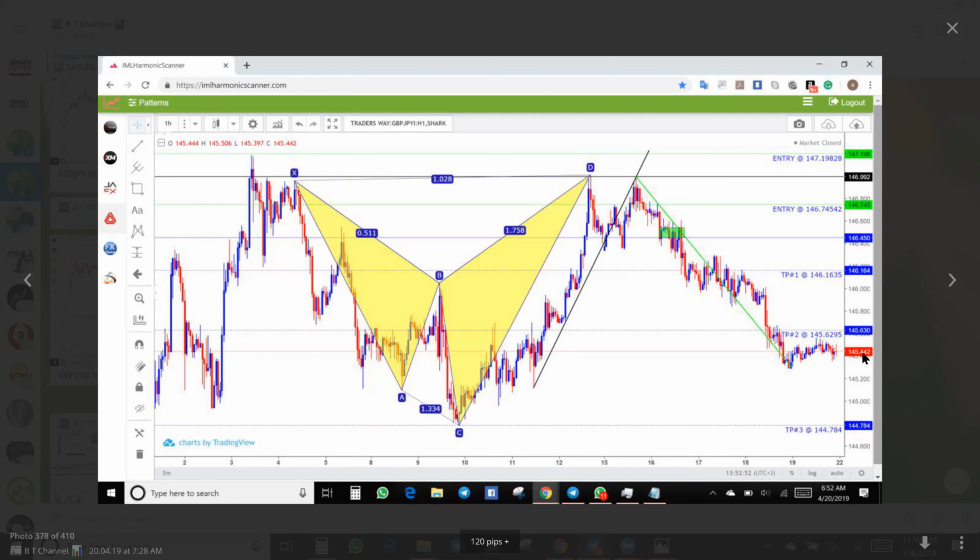147 to 145. That is 260 pips. And all you needed to know was the scanner called a sell. This is resistance. How many of you saw this as your resistance? Let me try it out. Resistance.